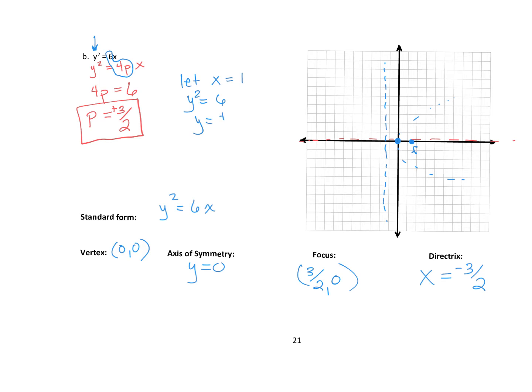So y is plus or minus √6, which happens to be approximately 2.4. On our graph here, I can go 1, 2.4, and 1, -2.4. So my original sketch wasn't terrible. And it will look like this.